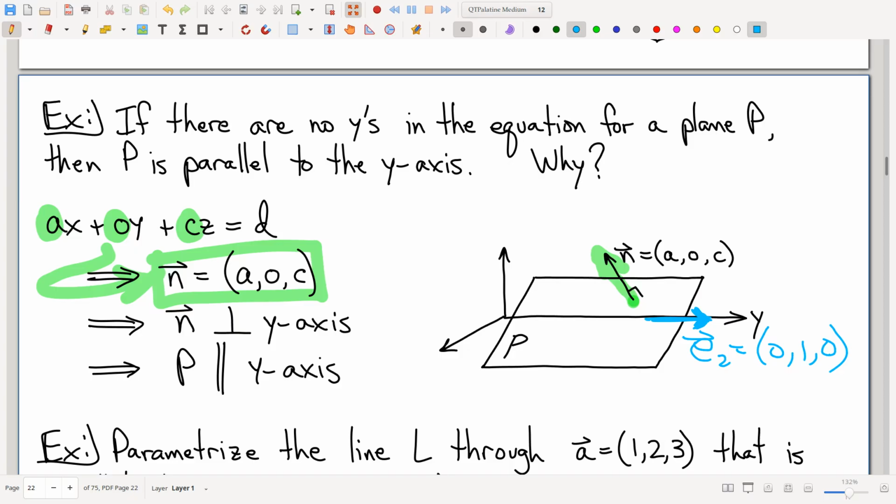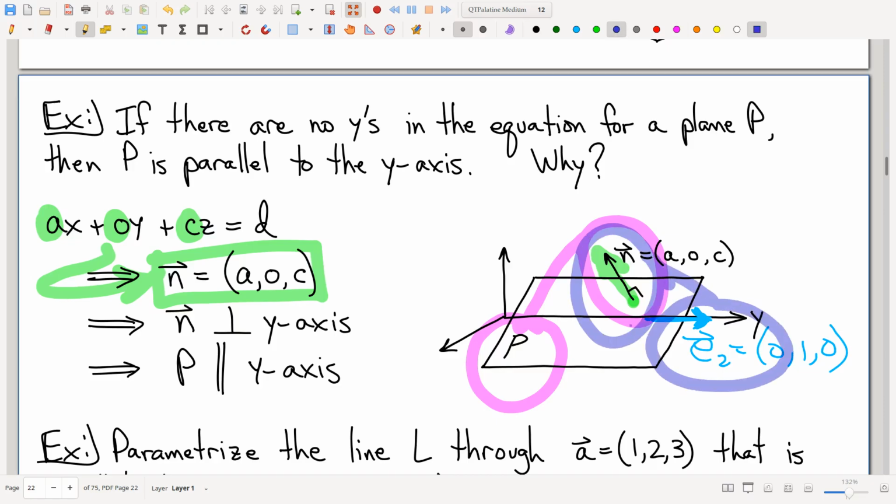And that means we have a sort of little connect-the-dots that we can do. We know planes are always perpendicular to their normal vectors. We just observed that the normal vector is perpendicular to E2. Knee bone's connected to the leg bone and all that.